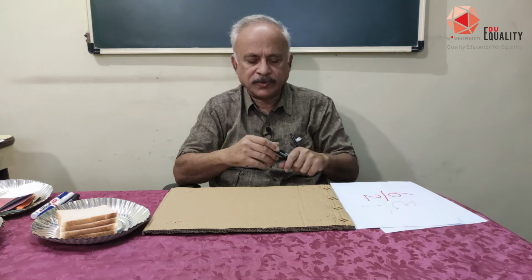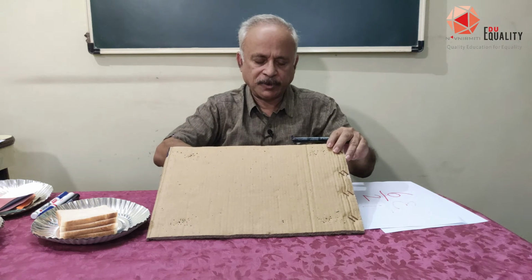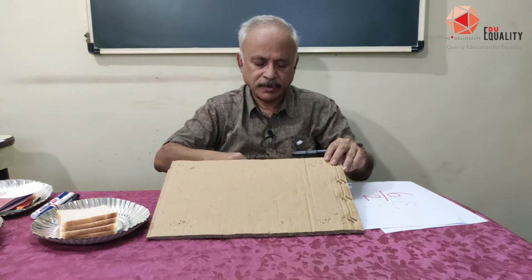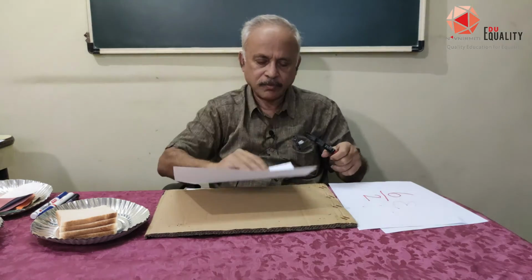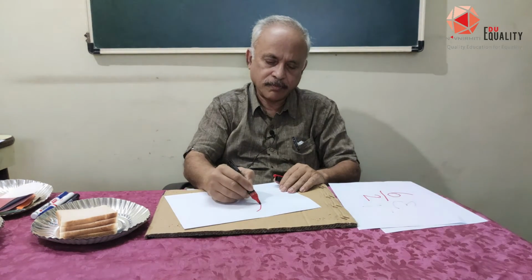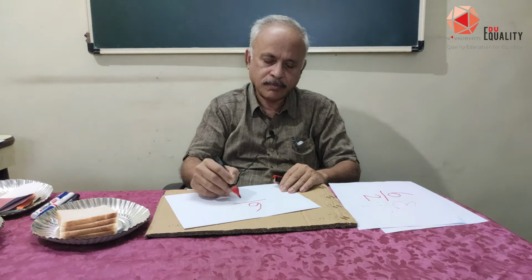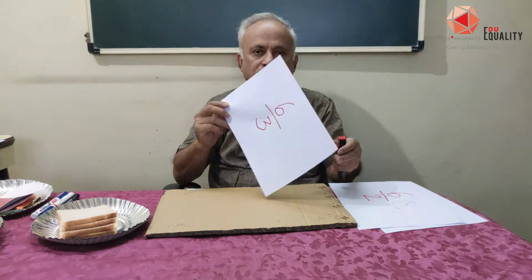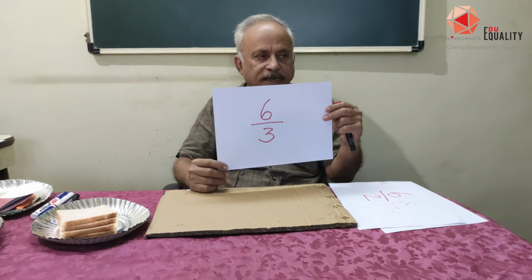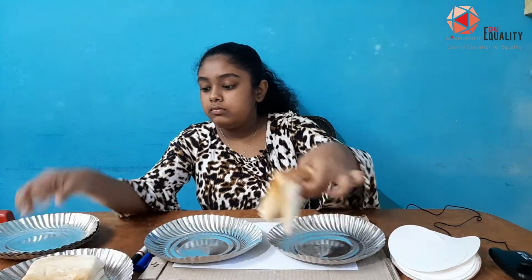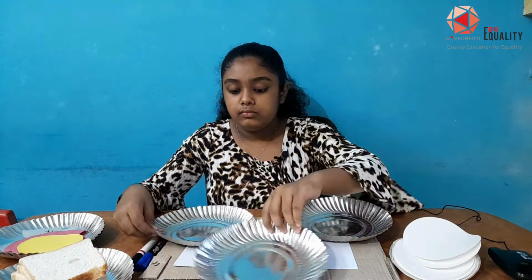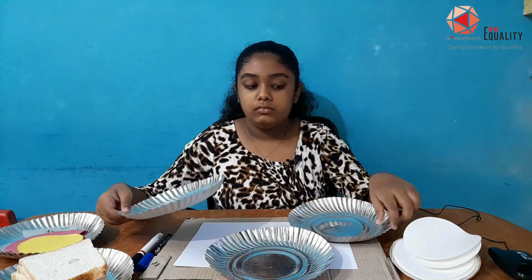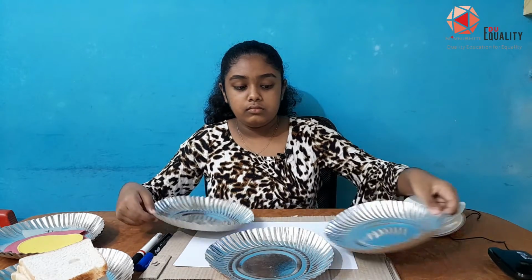Now, if I want to do this problem, which is the next problem, how many plates will I need? 3. So please take, you can empty your plates, and now you will require, keep them all in a line so that they can be seen.